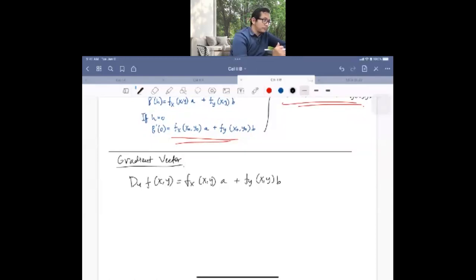Now, if you write it in terms of vectors, we can write this as the vector of partial x and partial y, with the dot product for a and b, and we can rewrite this in terms of the unit vector u, right?